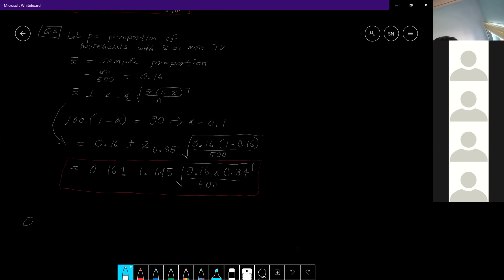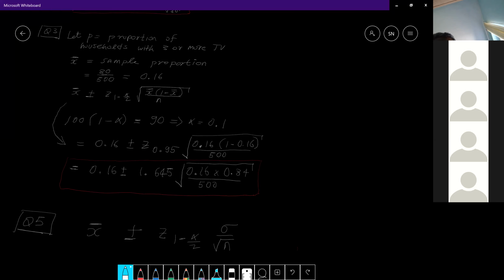The first thing you must realize is that for this question, because we are assuming that sigma is known, the confidence interval is the following. This is the confidence interval, right?